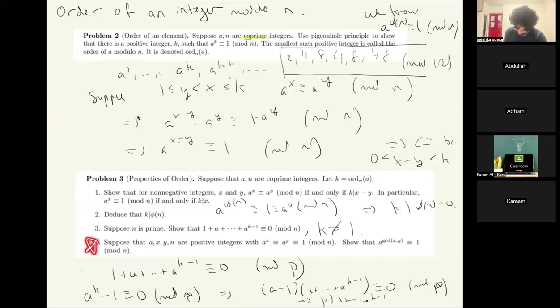Okay, and now let's look at the fourth property. Why is the fourth property true? It's for general n again. If a to the x and a to the y are both 1 mod n, then a to the GCD is 1 mod n.